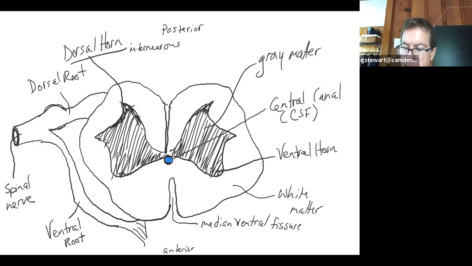The ventral horns down here in this area on both sides are somatic motor neurons, AKA skeletal muscle command neurons.